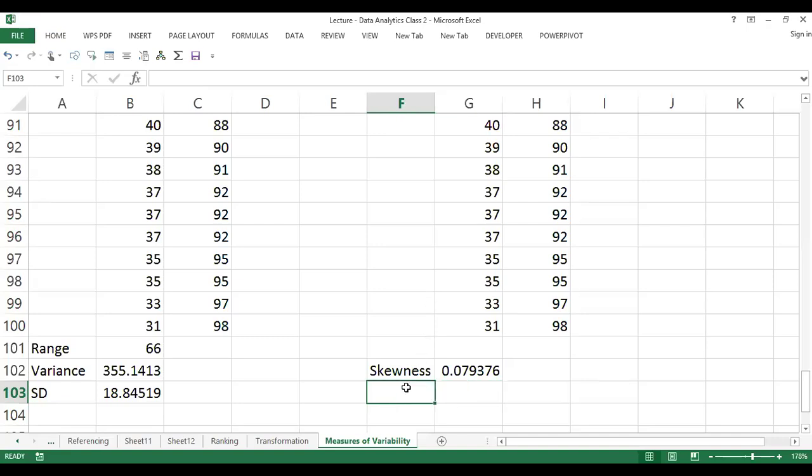Again, we are going to use the same data. Let's use the same data, kurtosis.